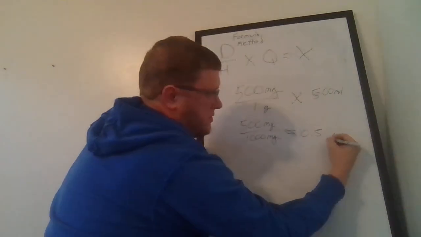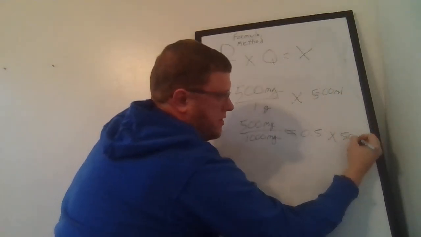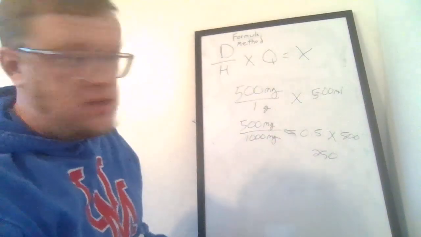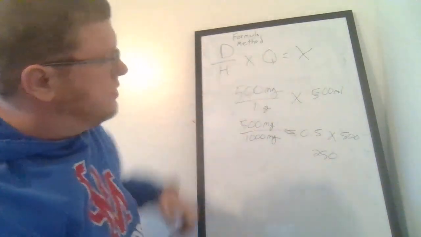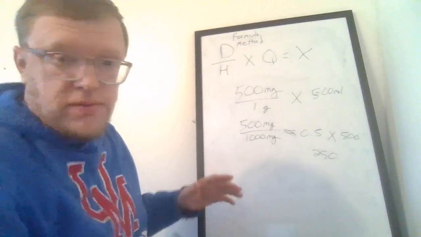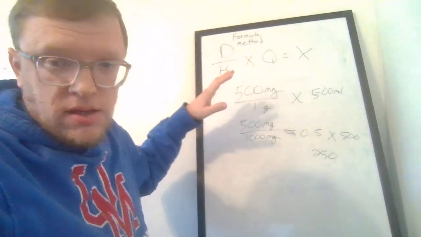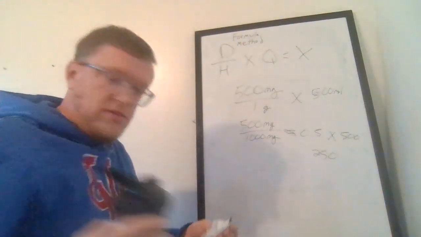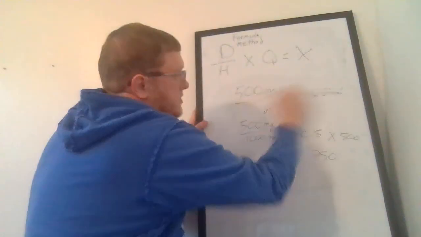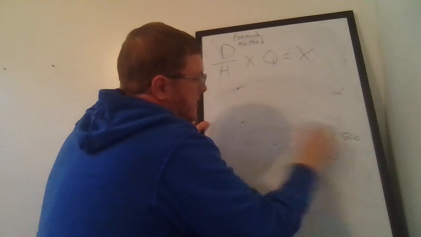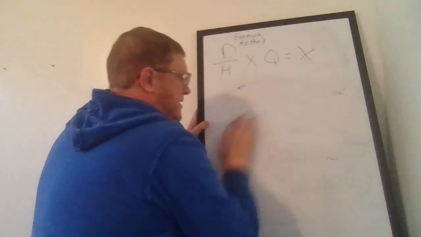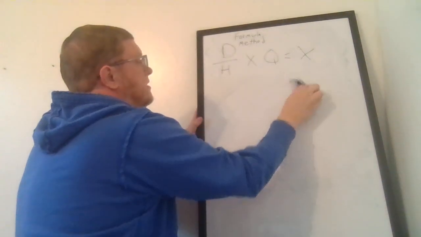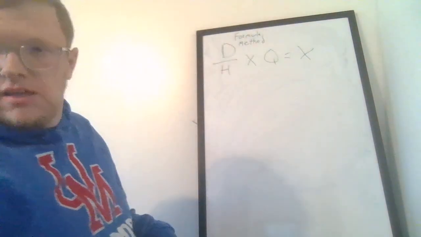Then we would go times 500 and we would get 250. Remember, it's desired over have times quantity. I'm going to work this out again because I think I may have confused you guys. Excuse my dog barking, if you hear the dog in the background. I don't know how to get him to stop.